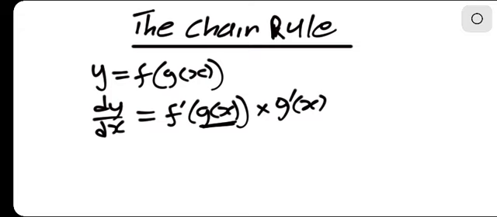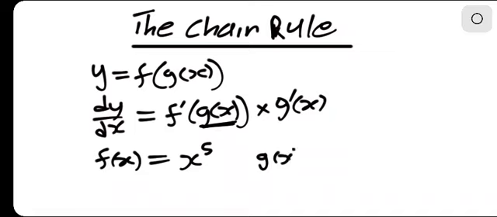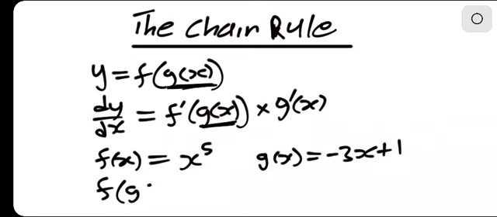For an example, let's say we are given f of x equals x raised to the power of 5, and g of x equals minus 3x plus 1. Now I want us to find f of g of x.